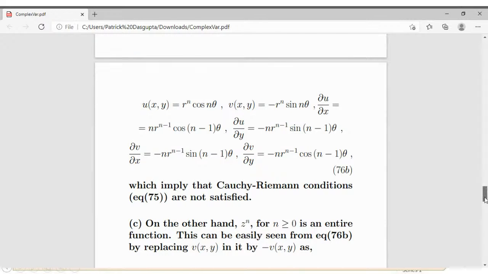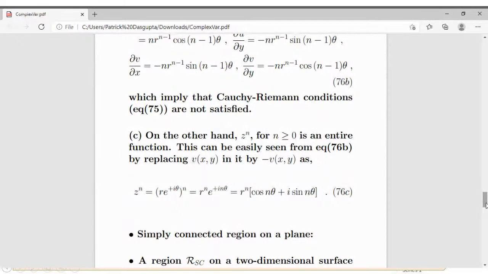And hence, just by substituting minus v in place of v in equation 76b, we get the result that z to the power n is analytic everywhere on the complex plane, and therefore z to the power n is an entire function.